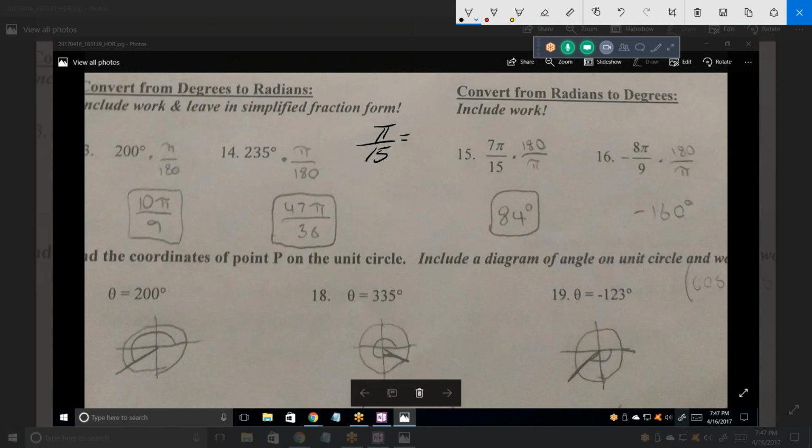Remember that number and that number have to multiply to 180. It means that's got to be 12. So pi over 15 is 12 degrees. Therefore, 7 pi over 15 is 7 times 12, 84 degrees. Now, I don't suppose it matters which method you use. Use whichever one works for you. And this is a fine one. That one's correct.